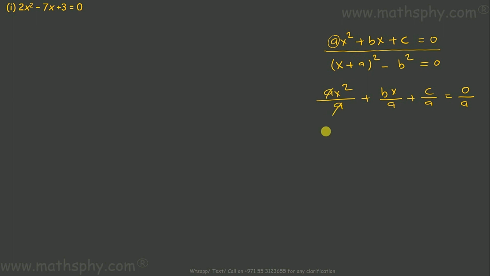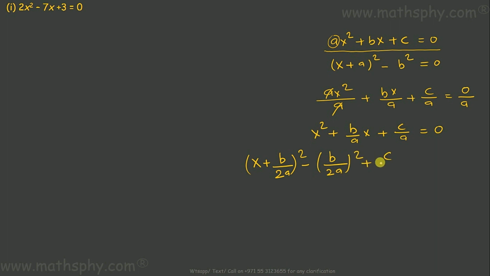So this becomes x squared plus bx over a, or write it as b over a x, same thing, plus c over a equals 0. No change. Now, if I write this equation in this format here, (x plus b over 2a) whole square minus (b over 2a) whole square plus c over a equals 0.